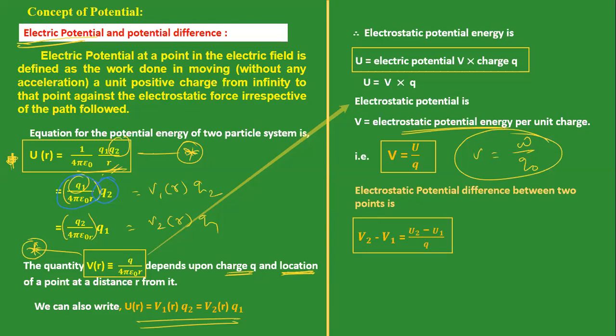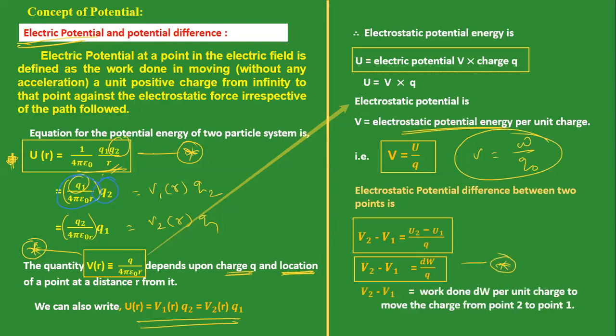So this is the potential difference: the difference in the two potential energies divided by charge. So potential difference is given by this formula. In that formula, V2 minus V1 is the work done per unit charge to move charge from point 2 to point 1.